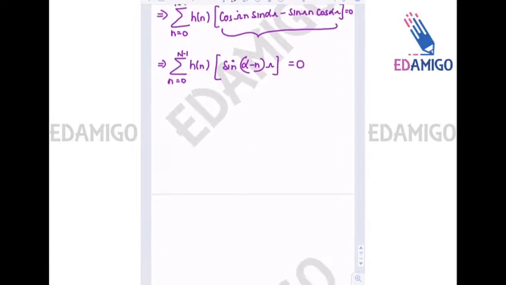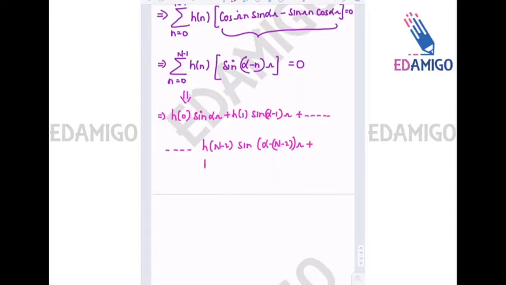Now if I expand this equation, it will be equal to h[0] sine of αω plus h[1] sine of (α minus 1) ω, and so on, and we will get h[N minus 2] sine of (α minus (N minus 2)) ω plus h[N minus 1] sine of (α minus (N minus 1)) ω. So this has to be 0.